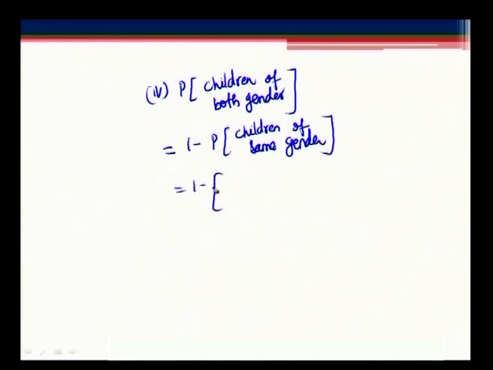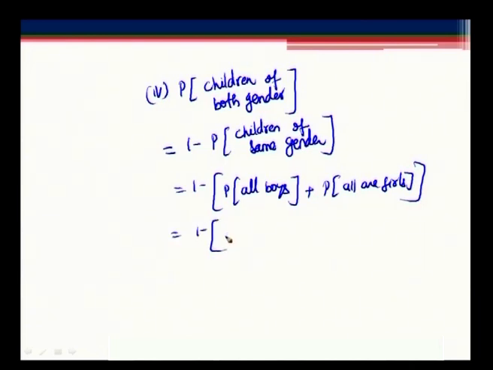Same gender means only boys or only girls. So 1 minus P of all are boys and all are girls. All are boys means x is equal to 4 and all are girls means no boys, therefore x is equal to 0.